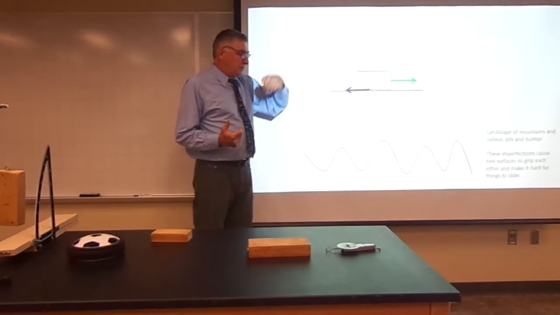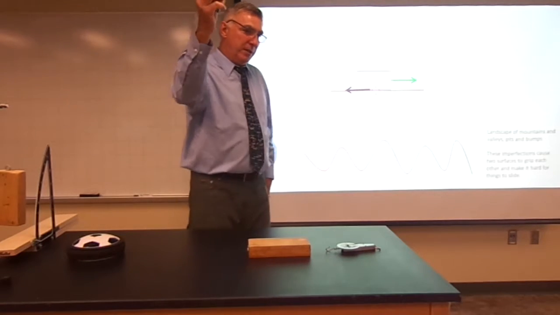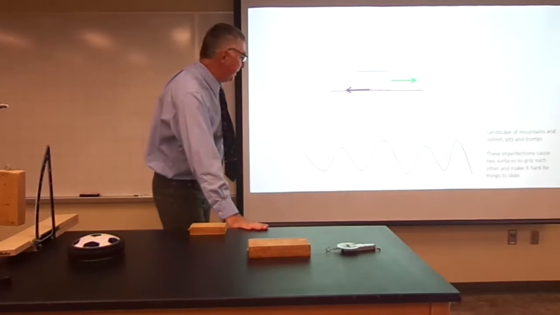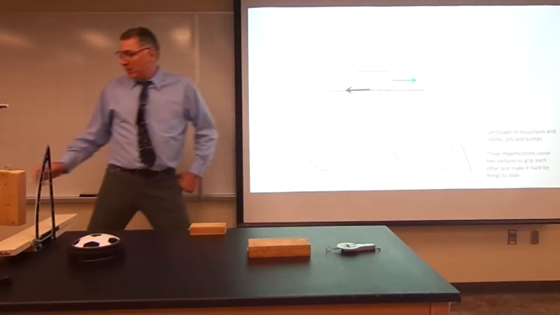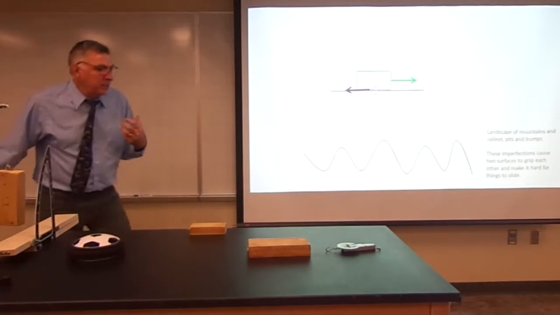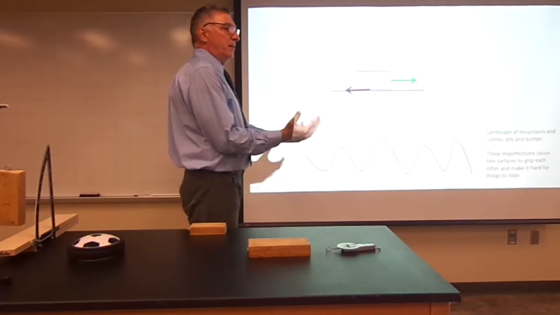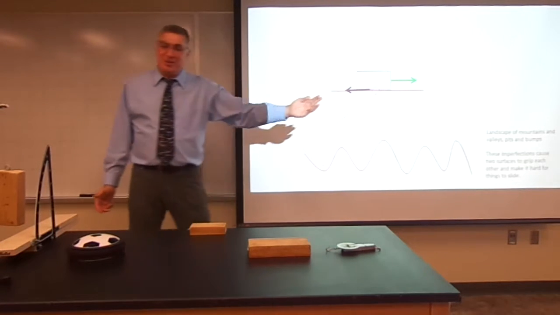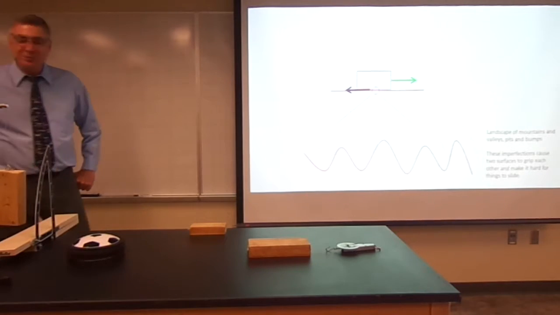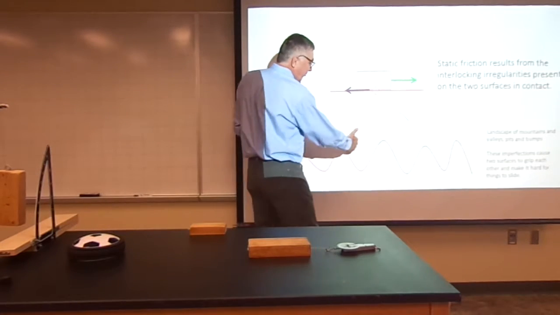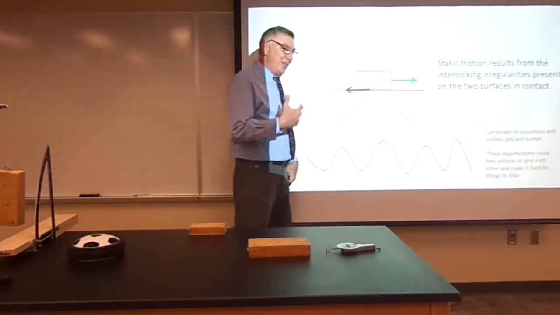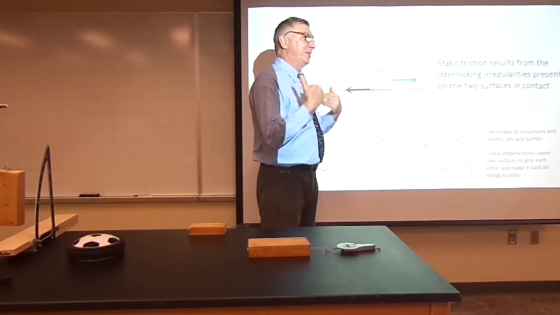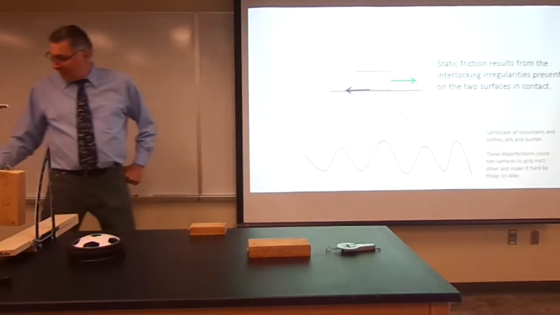The blue is the top object, the block; the red is the surface underneath. That's why it's hard to unstick something and make it move, because basically the blue will have to climb all the way to the top of the mountains. And then it's easier to just jump from one mountain to the next, moving, than it was to climb from the bottom all the way up.